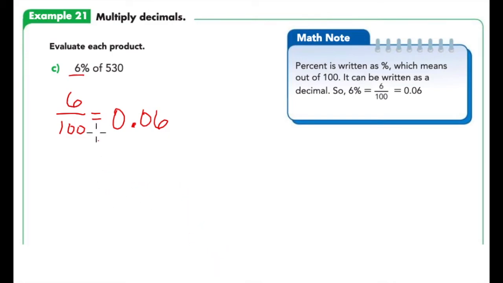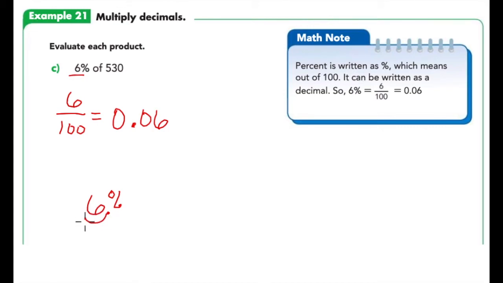Another way of changing a percent into a decimal with a little cheat here, if we have 6%, there's no decimal point in this problem. So whenever you don't see a decimal point, it's at the end of the number. So technically, the decimal point is right here, but we want to change this into a decimal. So dividing by 100 is the same as moving our decimal place 2 places to the left.